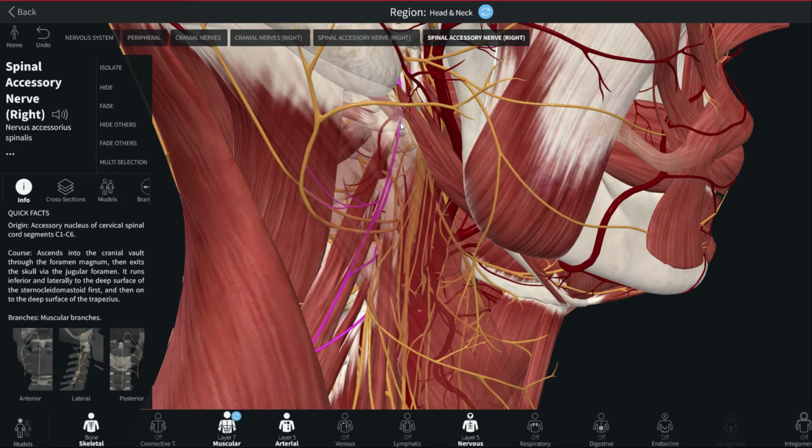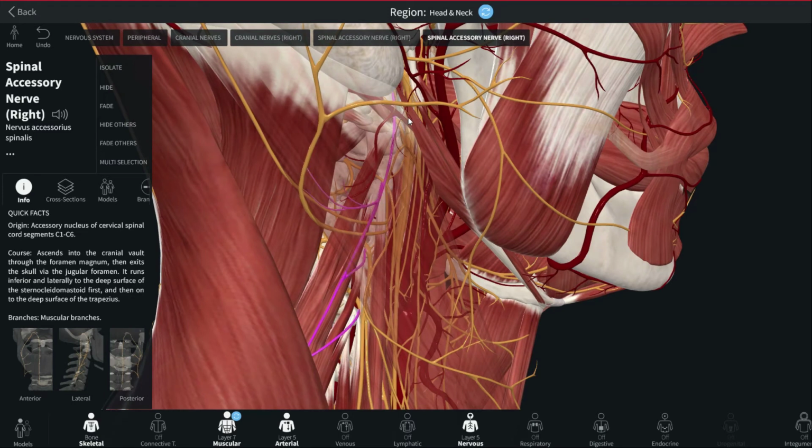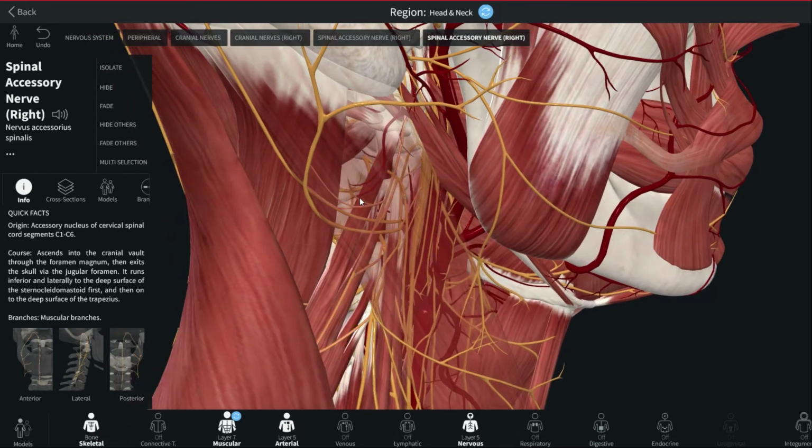So after running in front of the transverse process of the atlas vertebra, the spinal accessory nerve will run down and lateral. We can all appreciate that, right? It is running down and lateral, and it will pierce the anterior border of sternocleidomastoid.